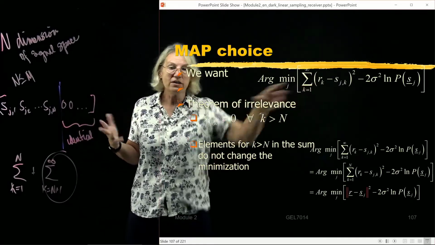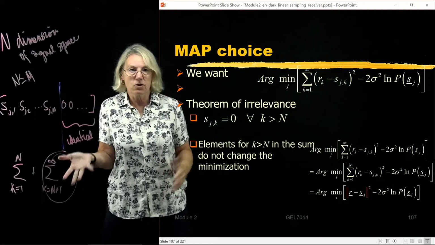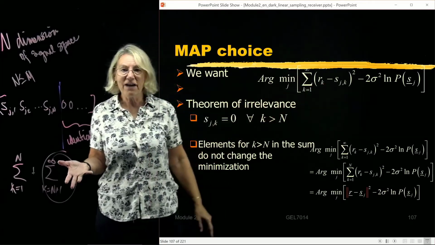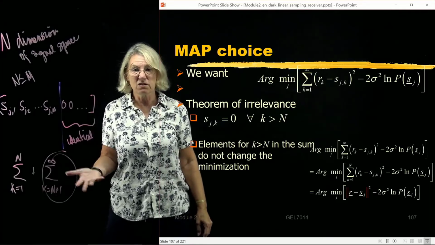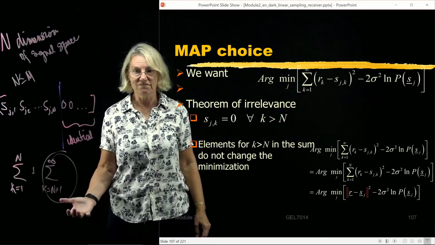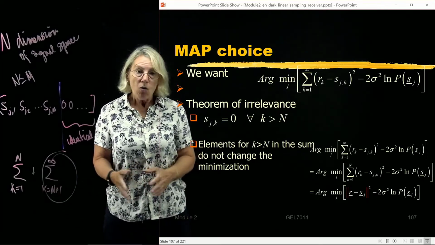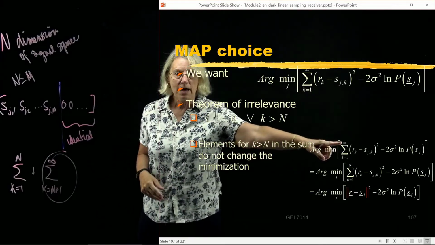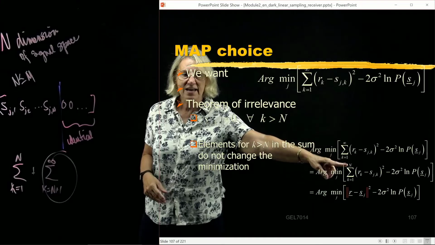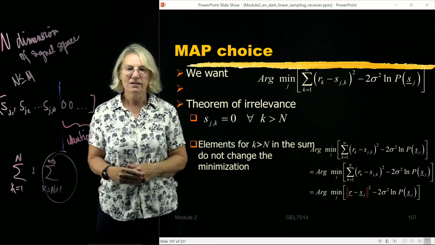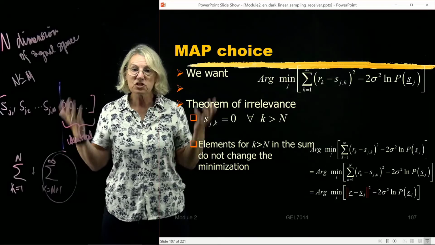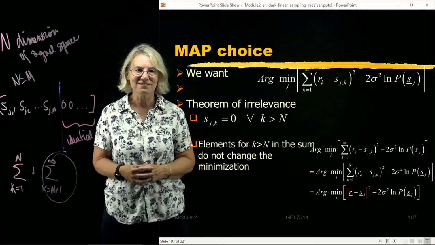The r could be whatever it is, but when I take r minus the element of s, the element of s is always going to be 0, so it's never going to change that minimization. Because it does not change the minimization, I can change this sum over infinity to instead be a sum to n, just the dimension of the signal space, which is why we use signal space analysis.